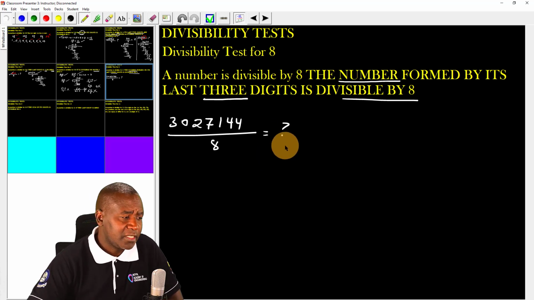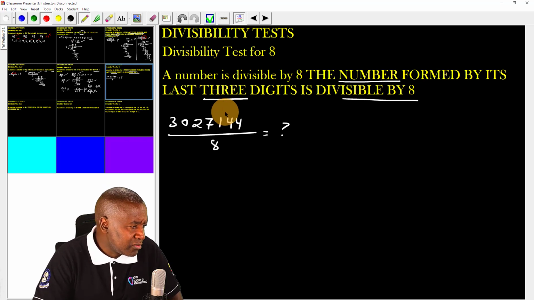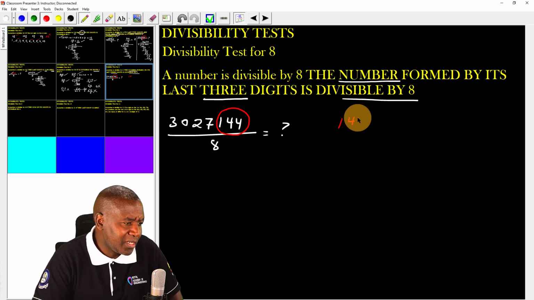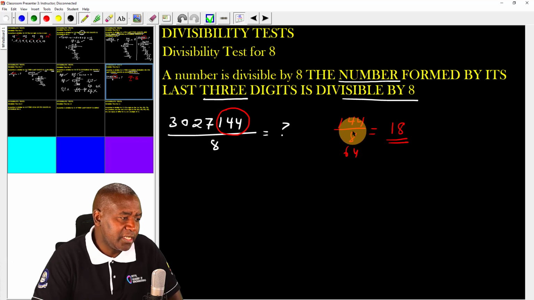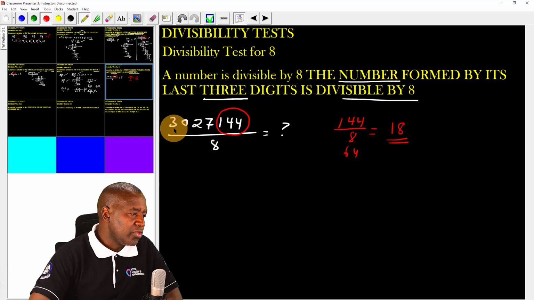So what is the test? We look at the last 3 digits. The number formed is 144. So we just need to test whether 144 is divisible by 8. 8 goes into 64 8 times, and indeed, 144 is divisible by 8. So this large number must be divisible by 8.